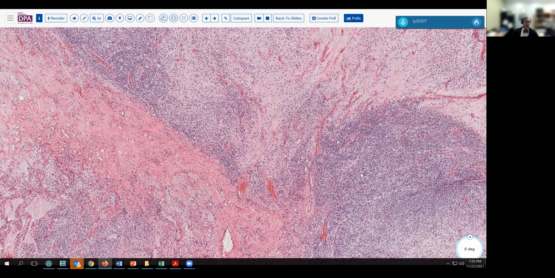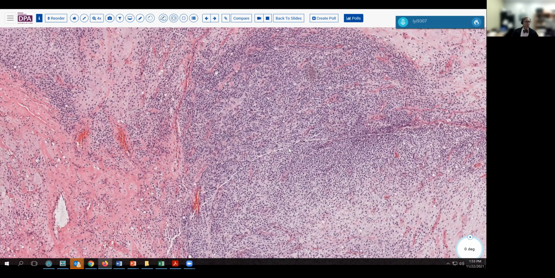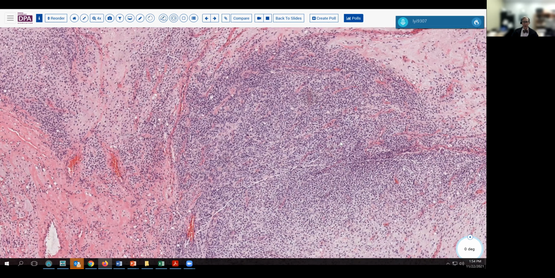The difficulty becomes when there's a high percentage of round cells and you have to differentiate this tumor from other small round blue cell tumors. Things like Ewing sarcoma or the CIC-DUX4 sarcomas and some of the BCOR sarcomas can have considerable amounts of round blue cell components, as of course might rhabdomyosarcomas and other tumors in that small blue cell category.